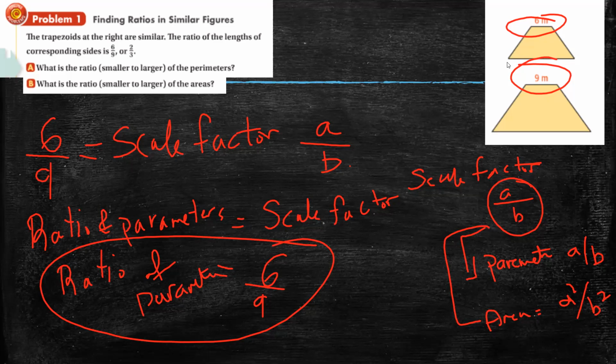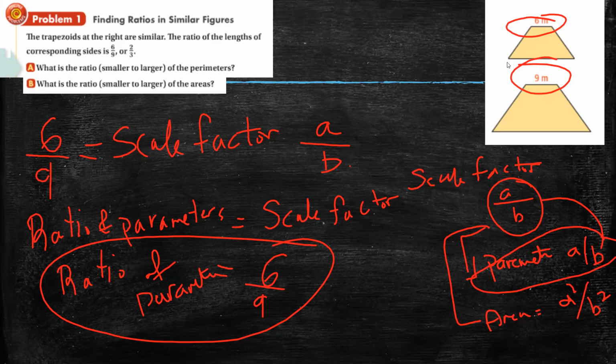Okay, so that means if I give you the scale factor and I ask you now to find the ratio of the parameter, you will say that the scale factor ratio is the same as the ratio of the parameter, A over B. So I can find the parameter, which is also A over B.